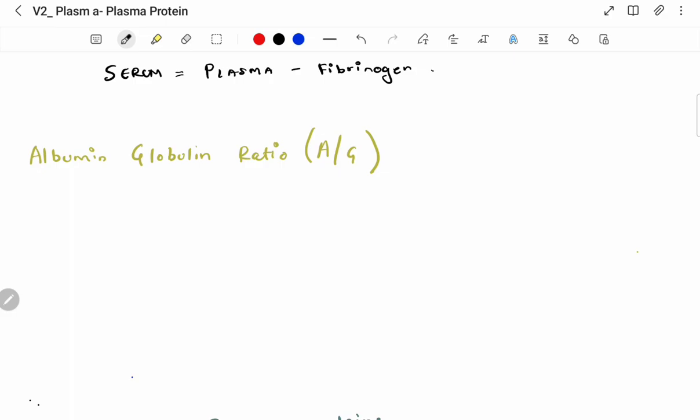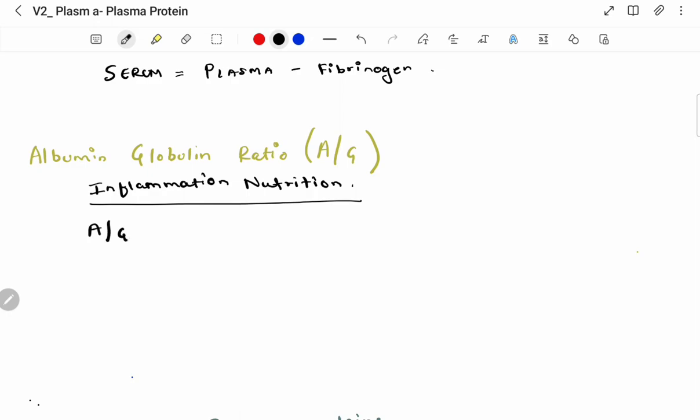Next point is your albumin globulin ratio. This ratio indicates inflammation and nutritional status of the body. The normal value of albumin globulin ratio is 2:1.